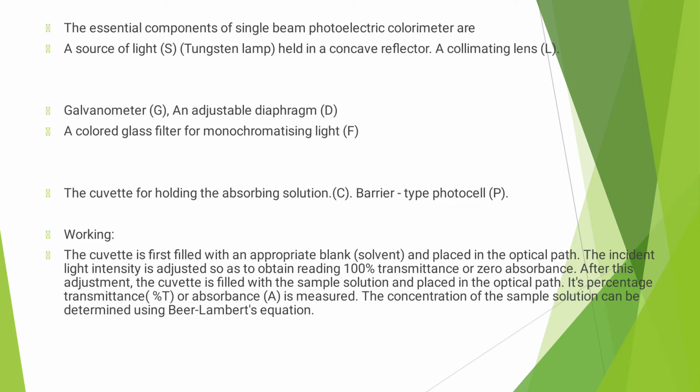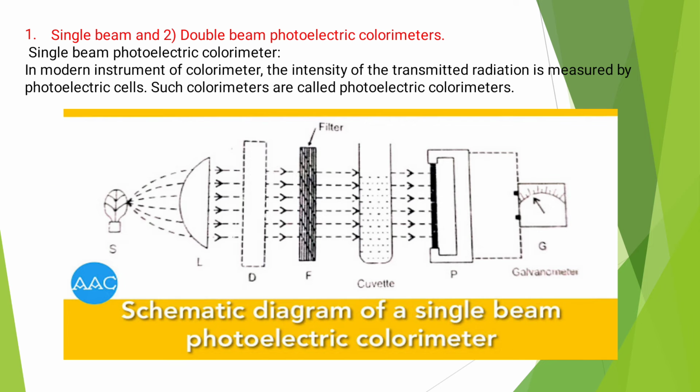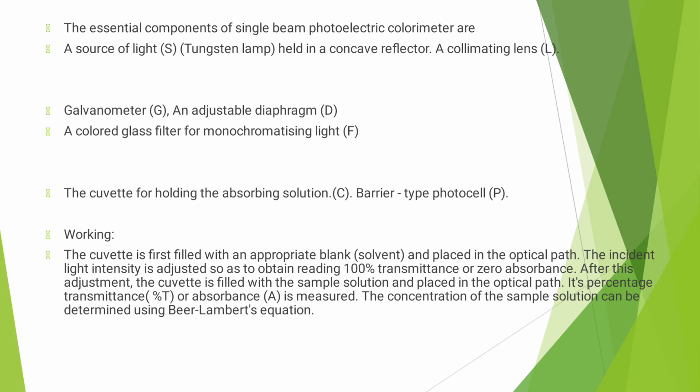Then what is the working of this instrument? The cuvette is first filled with the appropriate blank solvent, that is nothing but water. This cuvette is filled with water and placed in the optical path of the light.